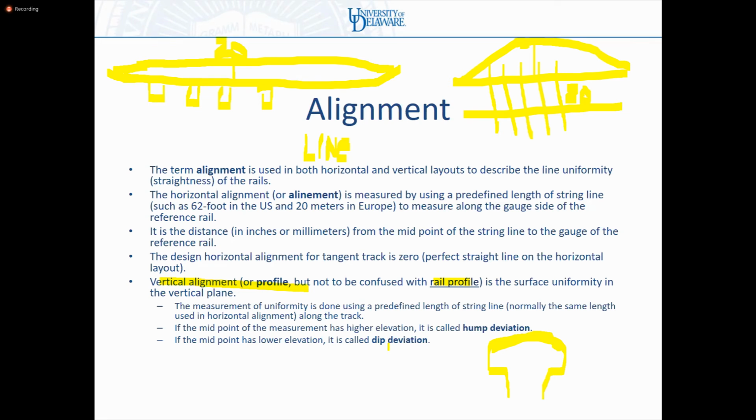You actually can measure a hump with a cord because as you go along, let's say you have your 20-foot cord, you measure it, and then you move down a meter, and you measure it again, and you move down a meter, and you measure again. You're actually going to see that hump created, but you can't easily measure the hump in embedded track.